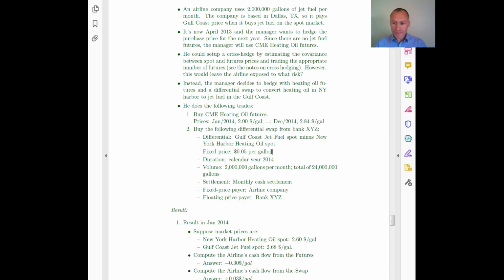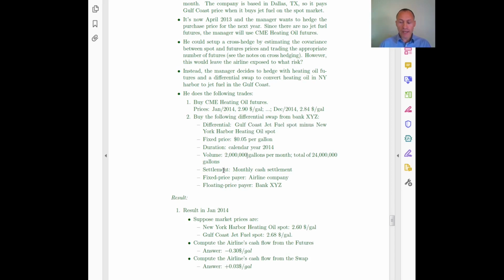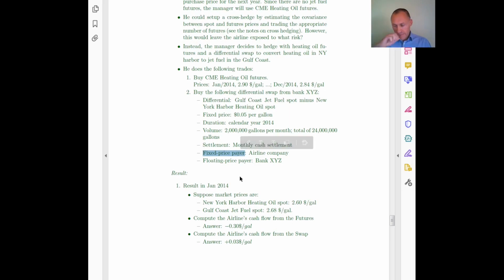Okay? So we go to a bank, let's say the bank quotes this price, 0.05 per gallon, and we adjust the period and the quantities to what we need, right? Again, we are the airline, we want to fix the input price, so we want to be the fixed price payer on this differential swap. Right? So let's just make sure that this works.